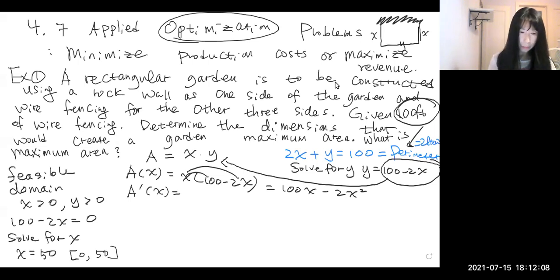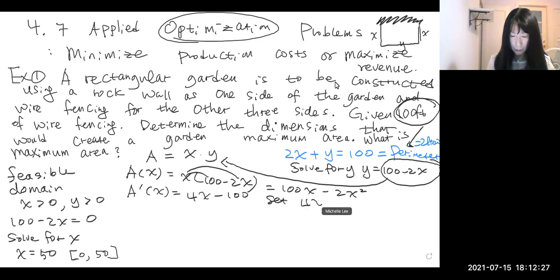What do you get? It would be negative 4x plus 100.